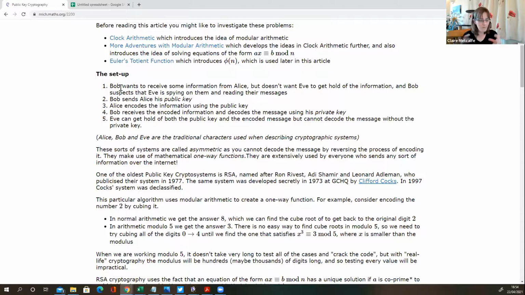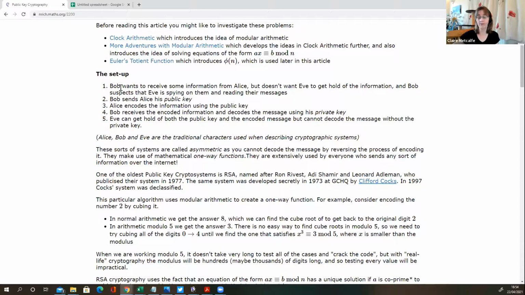So most of the time, Bob wants to get some information from Alice. So he is asking Alice for information, Alice sends it, and they're trying to do it so that Eve cannot tell what's going on. And the idea behind public key cryptography is that Bob can send Alice a key so that she can encrypt her data. Eve will see the key.